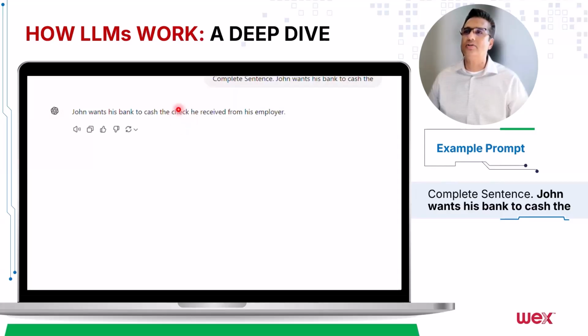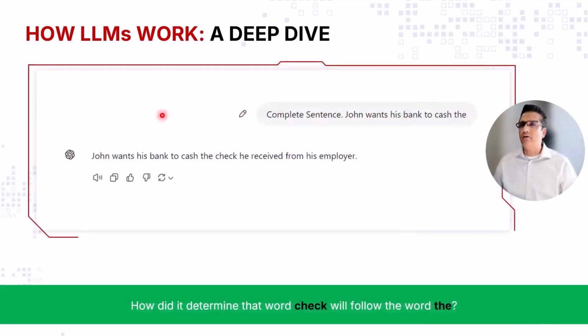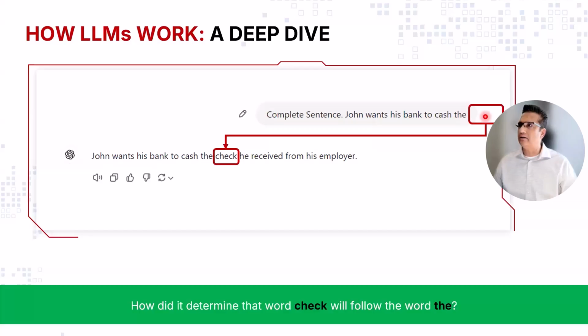It came up with a word called check. Now it's interesting to understand how it came up with the word check after the word the, and that's what we'll dig into. Our prompt was John wants his bank to cash the, and after that empty space, it came back with the word check.